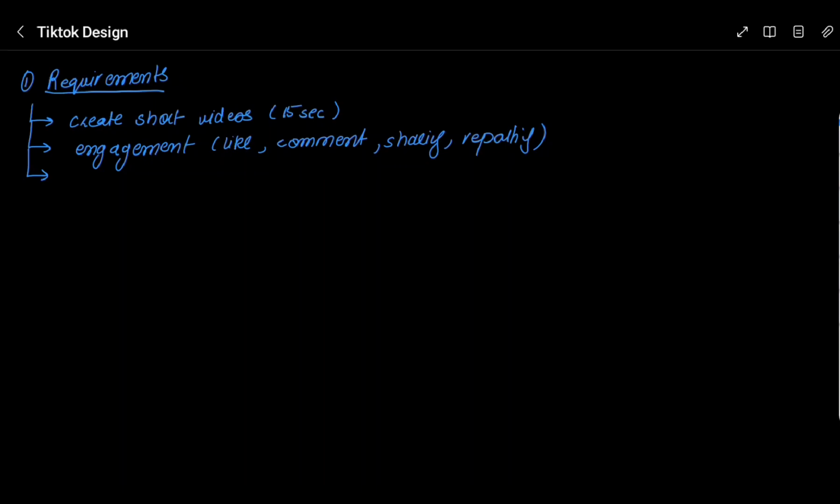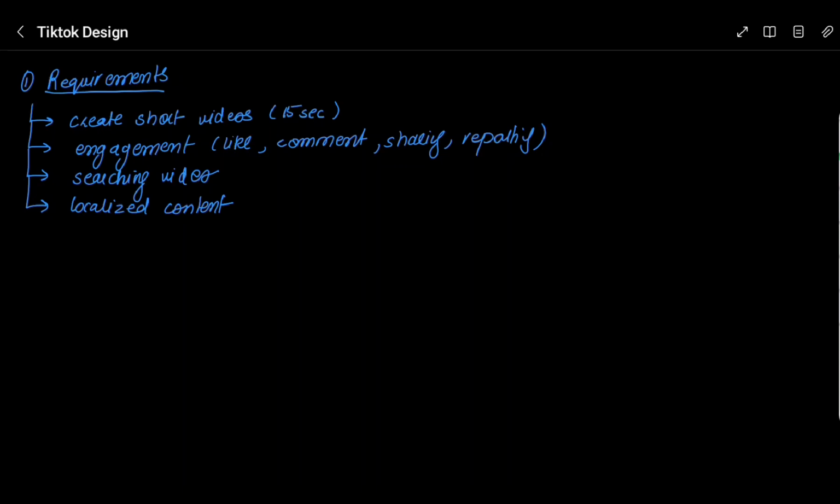The third point would be searching the video. The fourth point would be localized content.